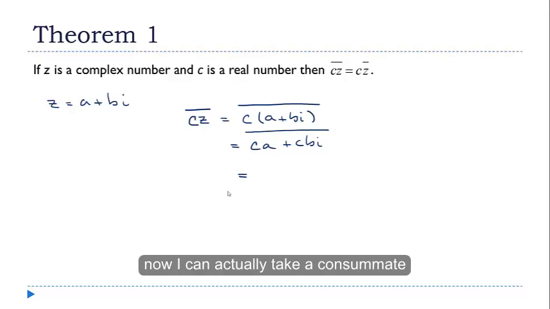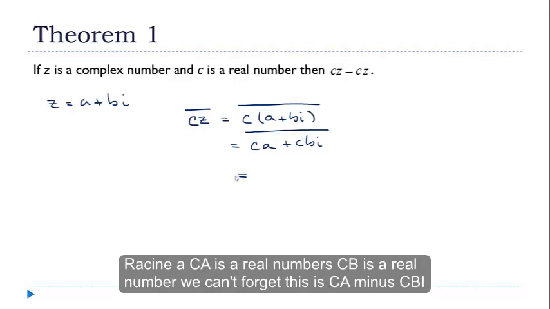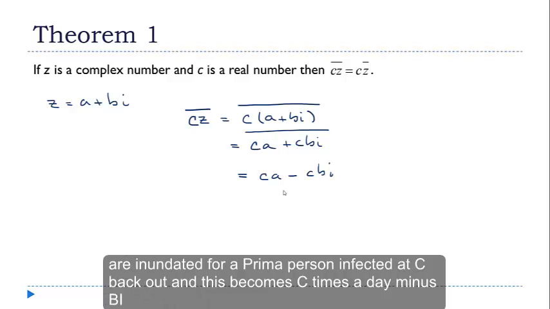Now I can actually take the conjugate. ca is a real number, cb is a real number. The conjugate of this is ca minus cbi. Now I'm going to use the distributive property in reverse. I'm going to factor that c back out, and this becomes c times a minus bi.